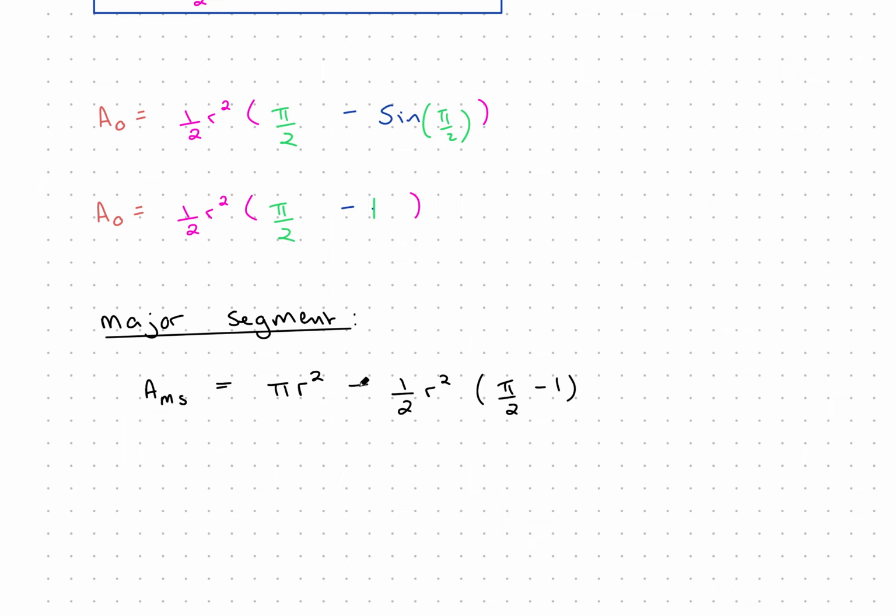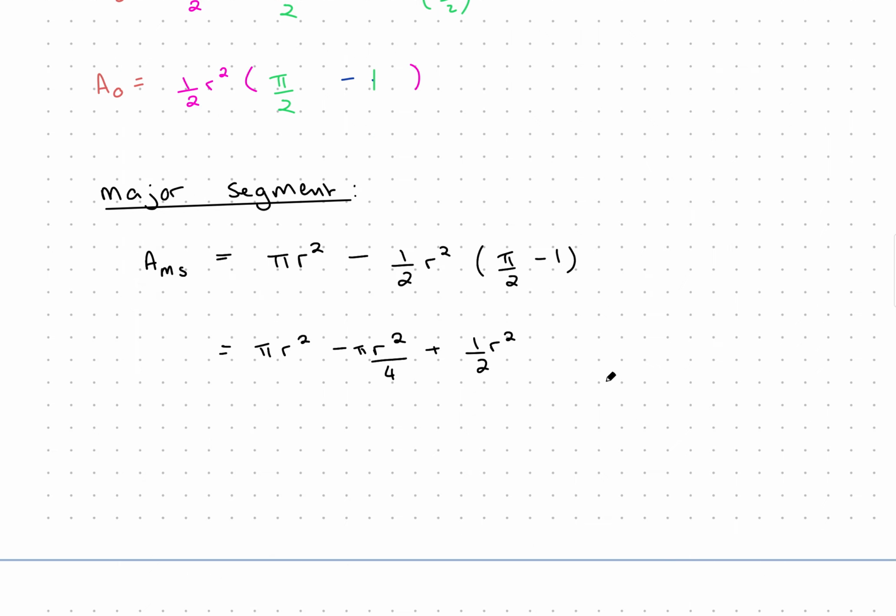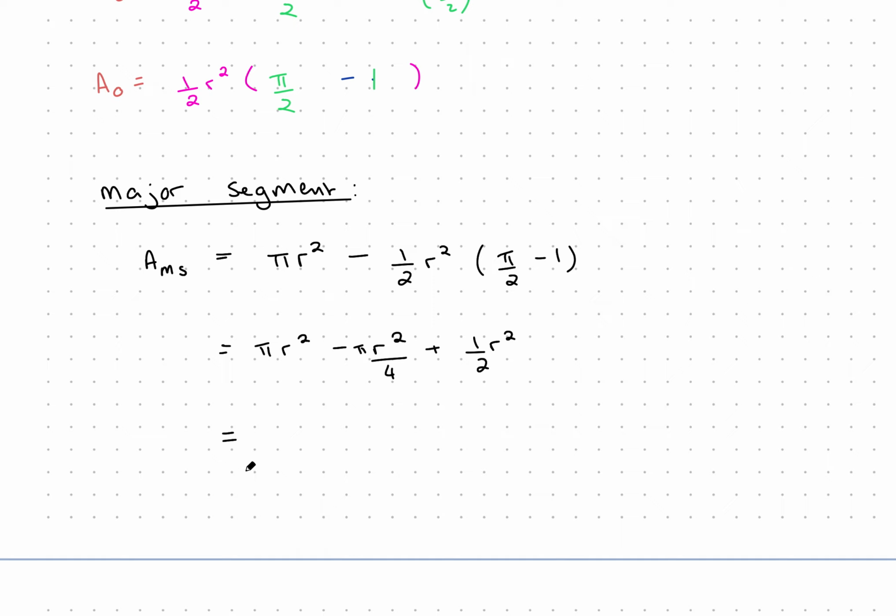And if I go to tidy that up or multiply things out, what I'm going to get is a half r squared minus, multiplying this out, r squared over 4 times pi, don't forget the pi, and then plus a half r squared, or r squared over 2. If I tidy that up further, I can group these. How am I going to do that if this is a fraction?